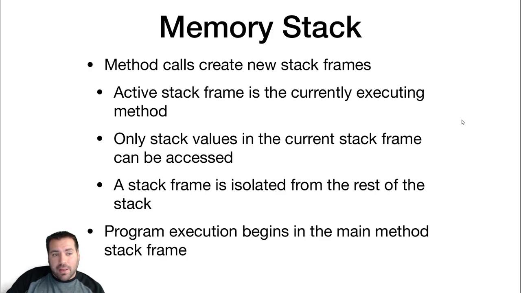This happens whenever we call a method or a function. We're going to create a new stack frame, and we're going to remain confined in that stack frame until that method or function returns a value. Then we destroy that stack frame and go back to whatever stack frame called that method.